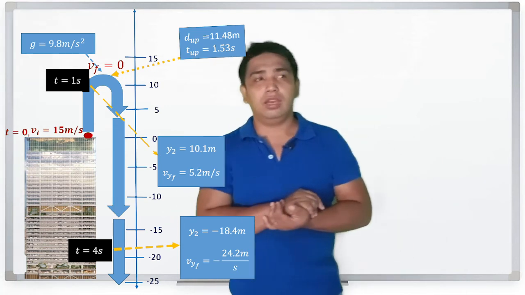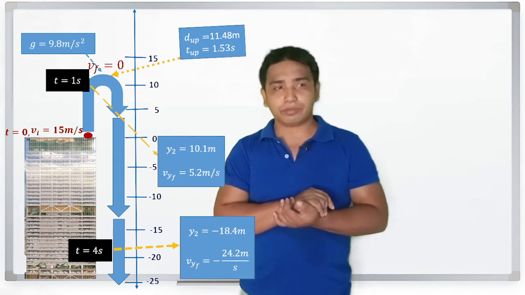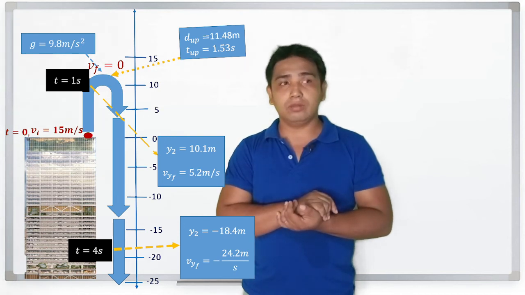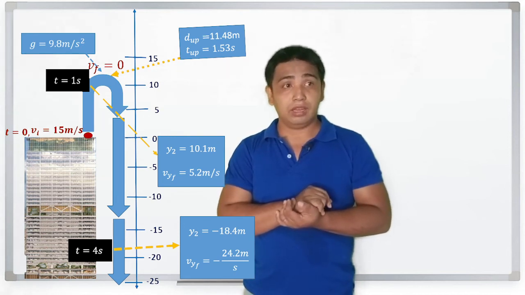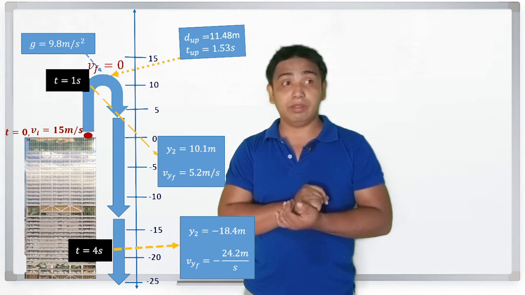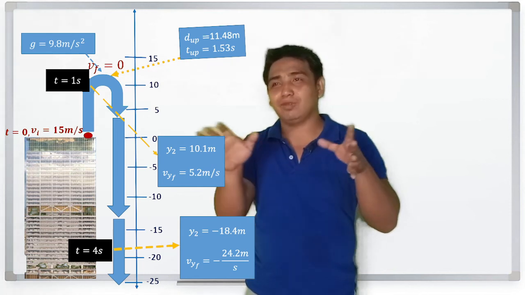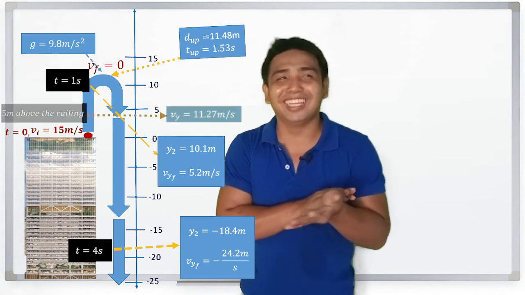Alright, so that concludes our topic. And then you were able to find the velocity of the ball for the challenge problem. I almost forgot the challenge problem because it's really difficult.